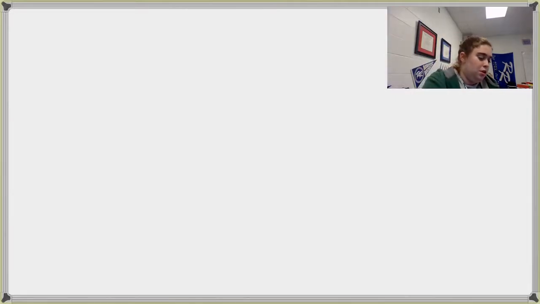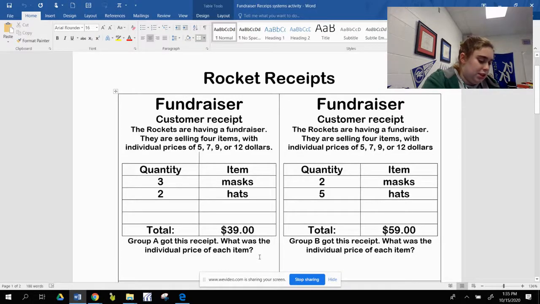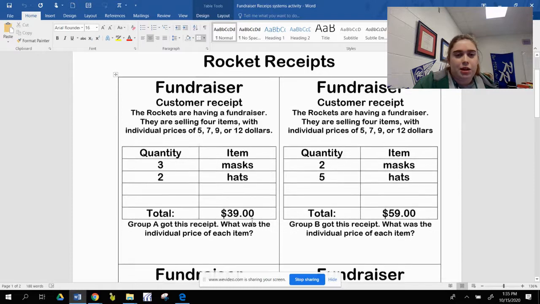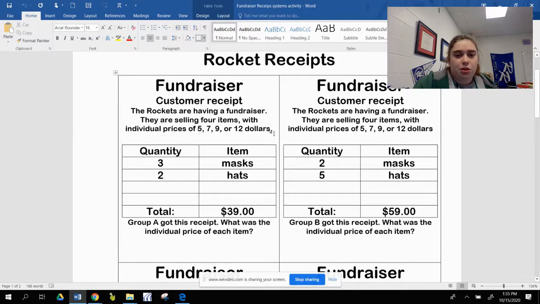So let's go back to our receipts. So a system of equations, that's going to be 2 or more equations. So you might have seen this in your past math classes where you had 2 equations. It could be 2 or more, so more than 2. And all of those equations usually have the same variables, right?